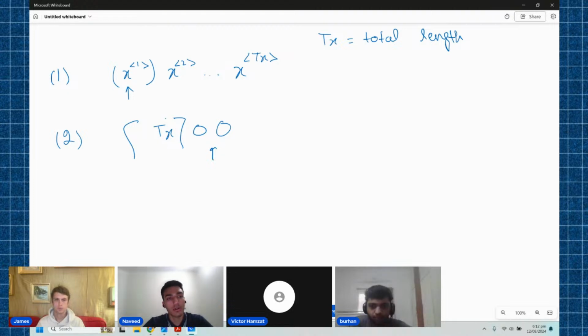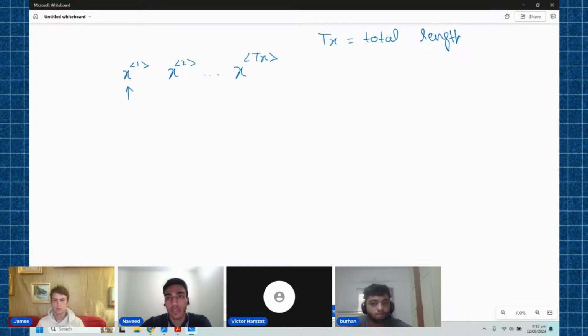So let's see how a recurrent architecture takes care of this problem. Let's say we have a simple neural network, a fully connected layer.